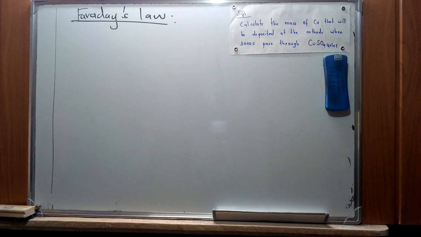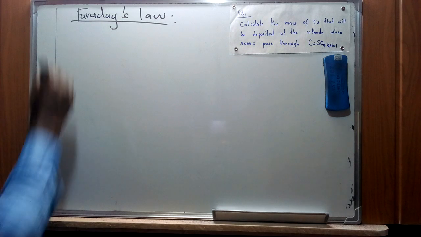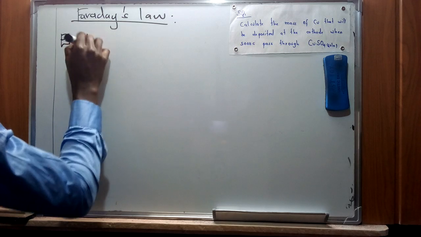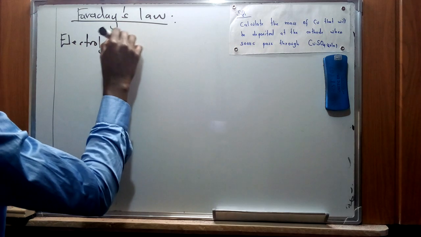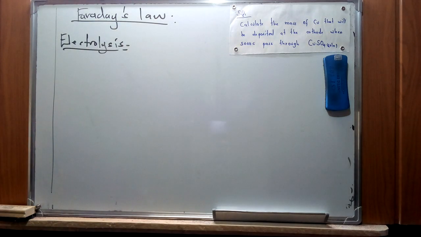This basically entails the concept of electrolysis, which of course we're going to see later. And this is when the electric current is passed through a solution, which is referred to as an electrolyte, that is basically a conducting solution.